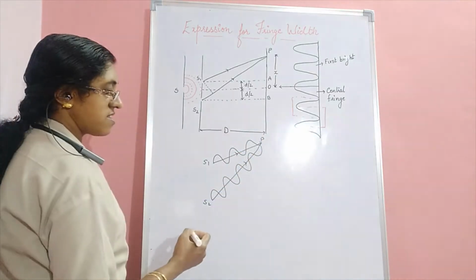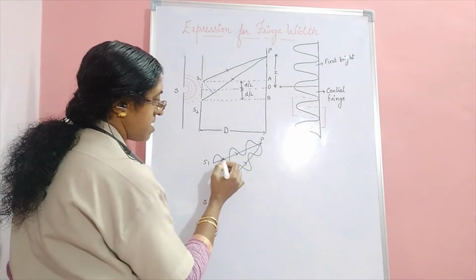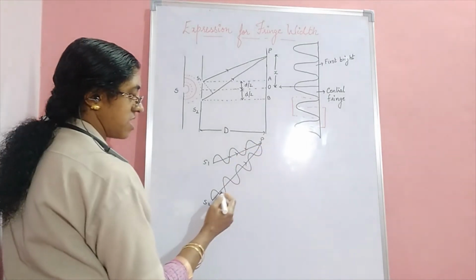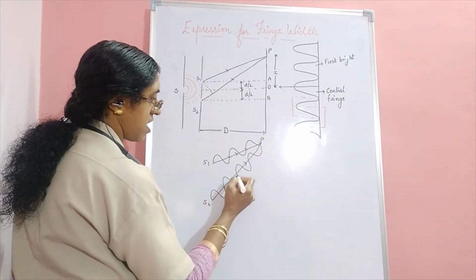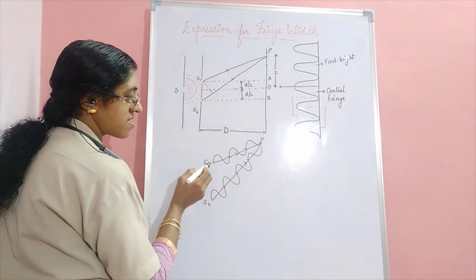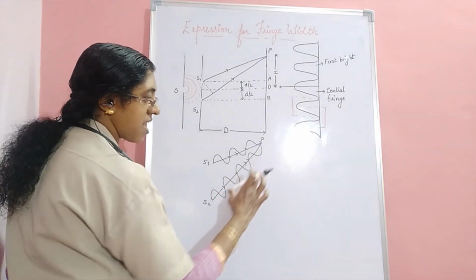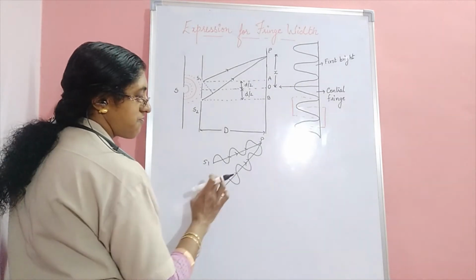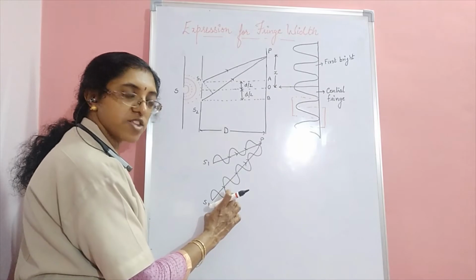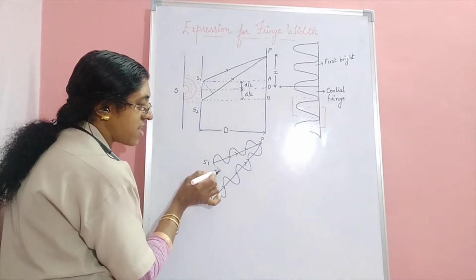Now, see how many waves are here? 1, 2 and almost 3. Now here how many waves are there? 1, 2, 3, 4. So that means there is a difference of path between the two waves. There is a path difference of lambda here between the two waves.